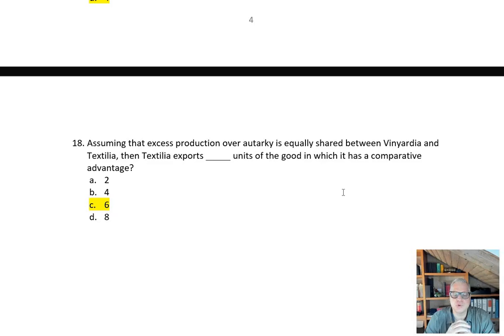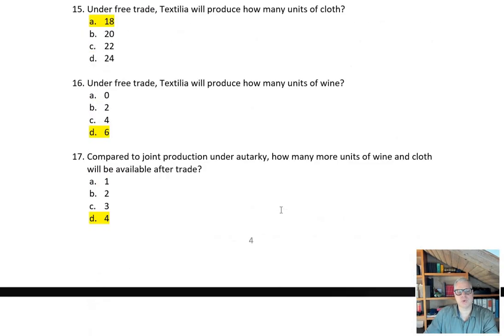Okay, so that was still an older question that I forgot to change to the current one. So assuming that the excess production, the plus 4, is equally shared between Vineyardia and Textilia and added to the consumption levels under autarky, then Textilia exports 6 units of the good in which it has a comparative advantage, which is cloth.